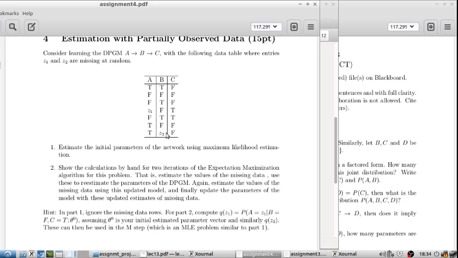Whenever I have a latent variable, all I need to do is find the posterior probability of those latent variables taking some value or the other. So now it's not just 3 random variables, there's a capital Z1 which is a random variable, and capital Z2 which is a random variable. And I'm saying if I can find the posterior probability of capital Z1, so let me just write it.